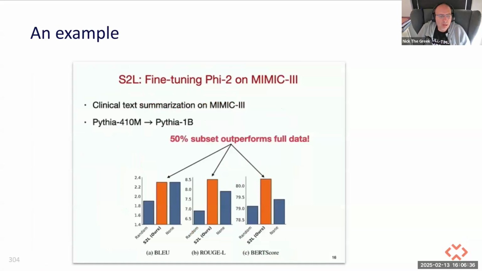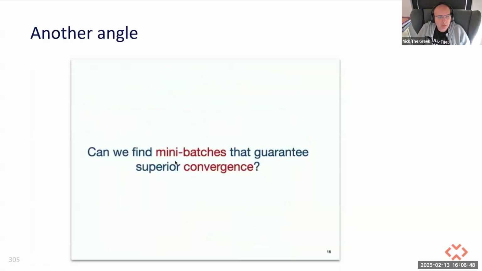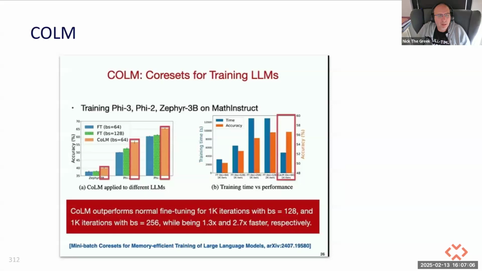Here is another case on Pythia, 440 million versus 1 billion, and you see that a 50% subset performs like the full data. I'm not going to go into the technical details. They're based on something called coresets, which we've seen before in other parts of machine learning. The idea: can we find mini-batches that guarantee superior convergence?